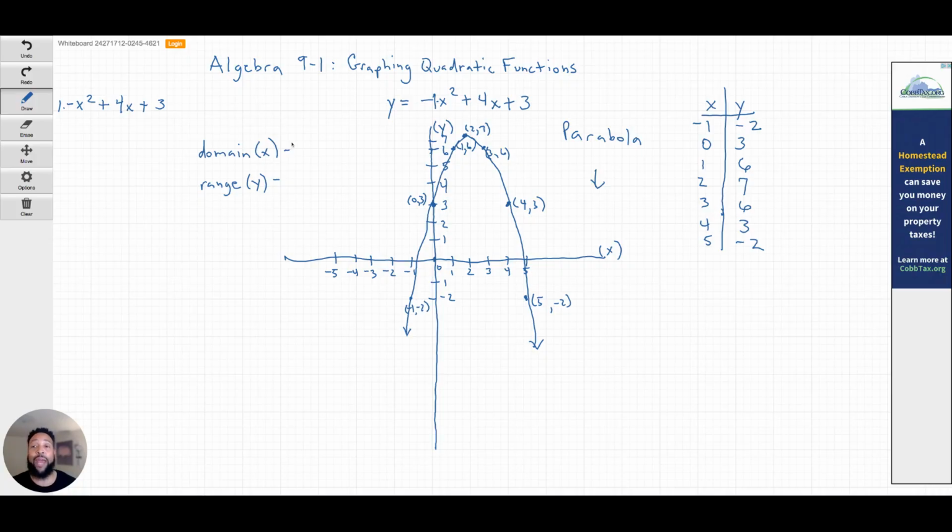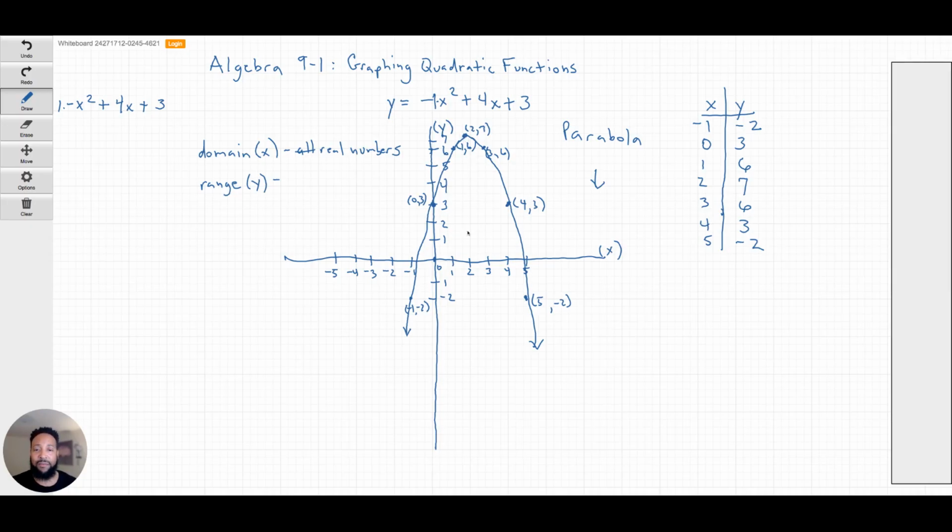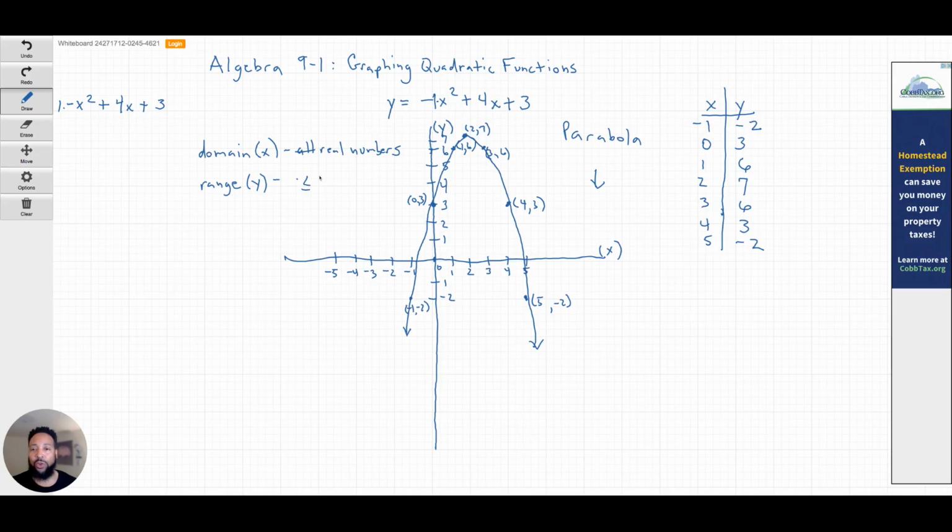So the domain for x, you could say, is real numbers. And then for y, the highest point is 7, and then y could go on forever as you're going down. So we could say the range for y is less than or equal to 7.